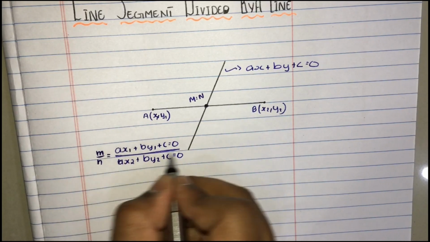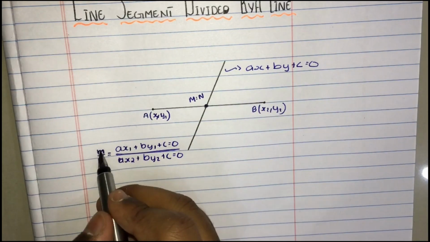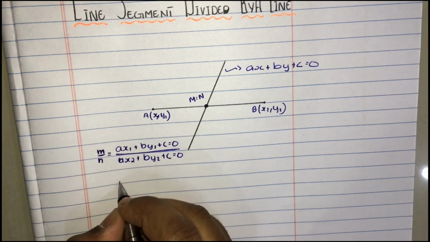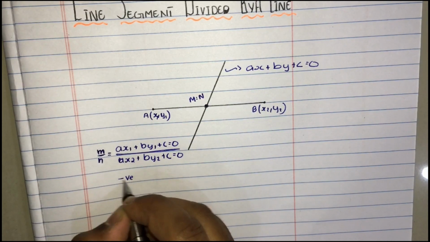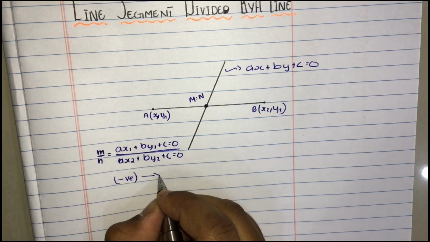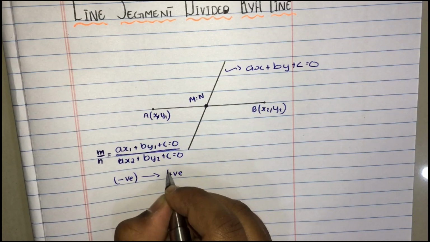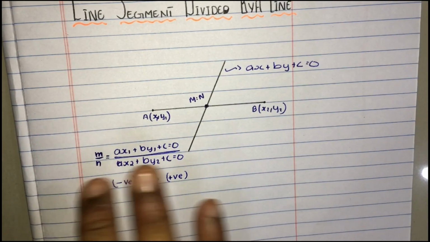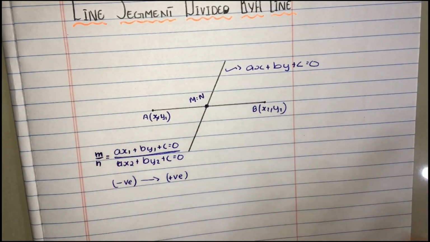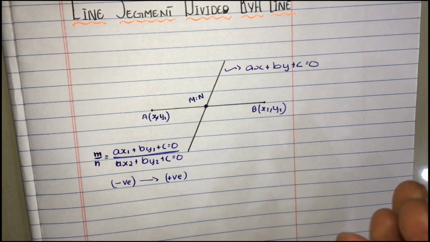So if we substitute in this equation, we will find the ratio m:n. If it is negative, then we should of course convert it into positive. That's nothing. If it is negative, like negative 3 or negative 4, then name it as positive, that is positive 3.